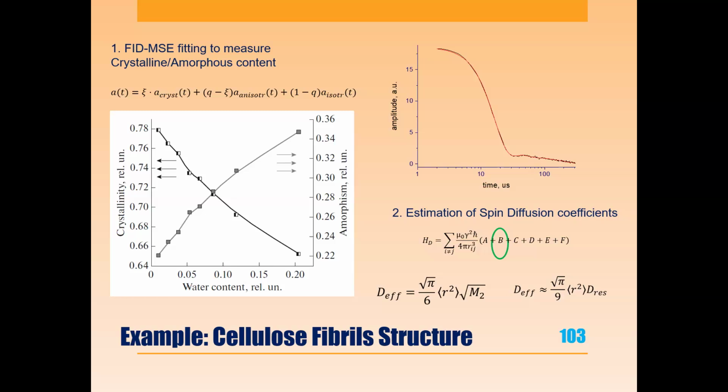In practice, the water is trying to penetrate inside the structure of the sample, and it comes between microfibrillar structures and makes them more movable. And so the contribution of the surface, which is actually the more amorphous part of carbohydrate tissues, is increasing. So the amorphous part is increasing and the crystalline part is decreasing. This result comes from the measurement of the FID, free induction decay. So this is the first result.